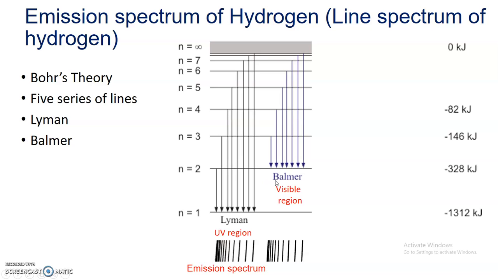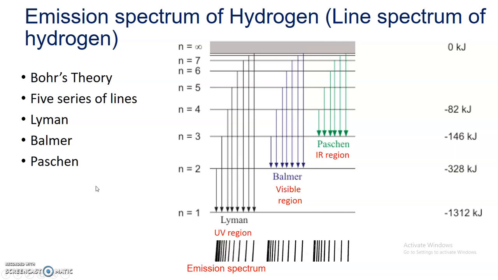So here the lower energy level is n = 2. When the electron jumps from any higher energy level to n = 2, the lines that appear are called the Balmer series lines. These lines lie in the visible region. Balmer series lines appear in the visible region.